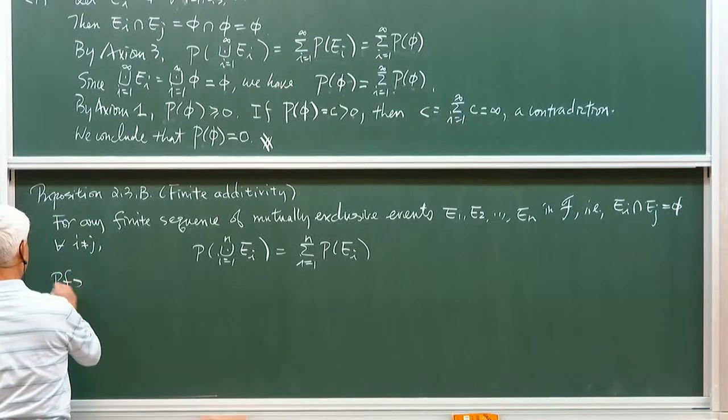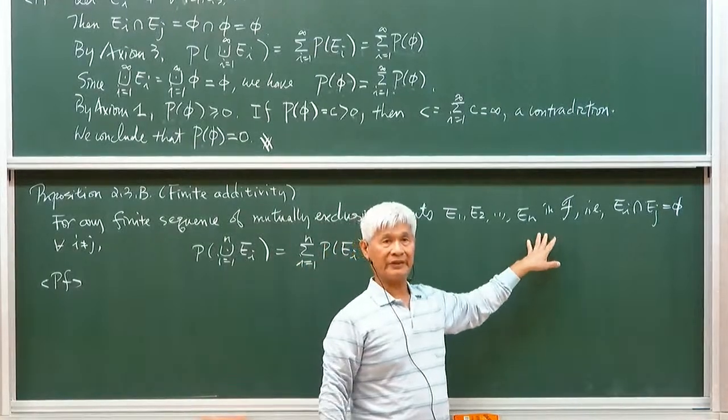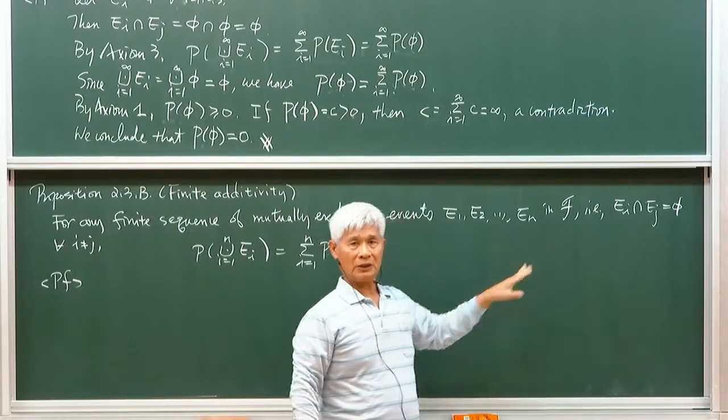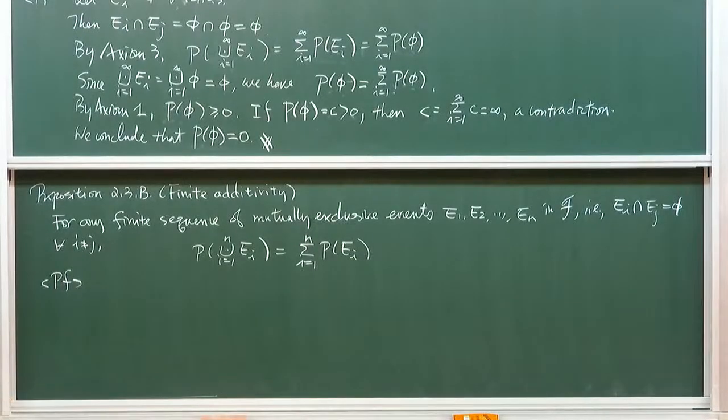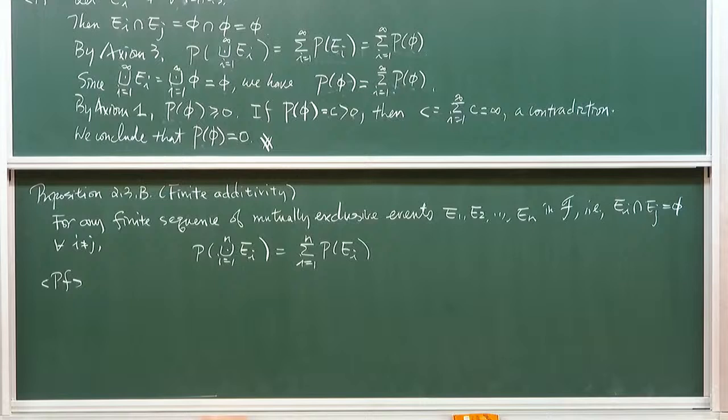For the proof, we want to use axiom number 3, which is about an infinite sequence of mutually exclusive events E1, E2, E3, etc. But now we have only a finite number of events. So how do we build an infinite sequence that is still mutually exclusive? A good choice is to append more events.